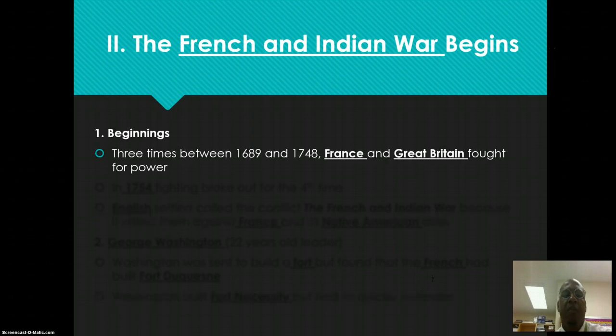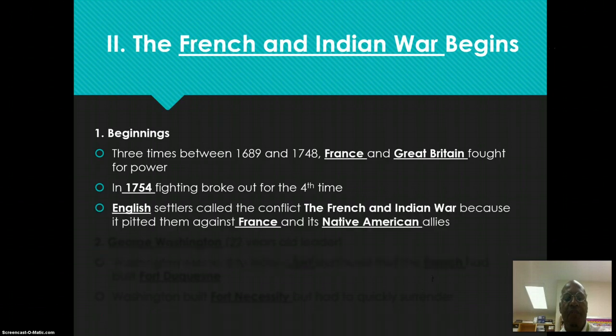Before the major outbreak of war, skirmishes broke out three different times between France and Great Britain between 1689 and 1748. However, in 1754, circle that important date, fighting broke out for the fourth time. This led to war over several years for that disputed Ohio River Valley area.